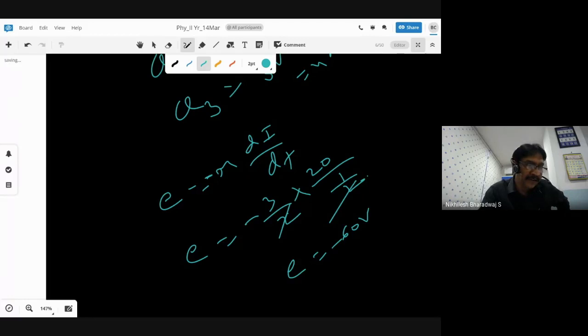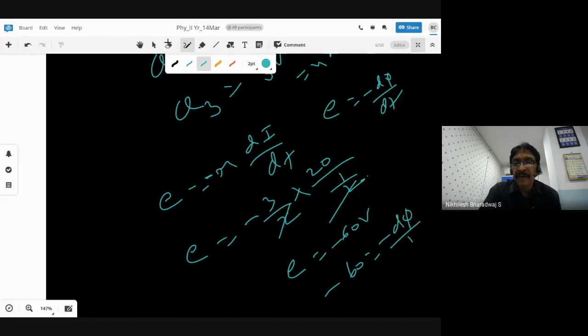But he is not asking E. He is asking what is the change in flux. Then you go for E is equal to minus dΦ by dt. E is minus 60, minus dΦ by dt, 0.1 by 2.